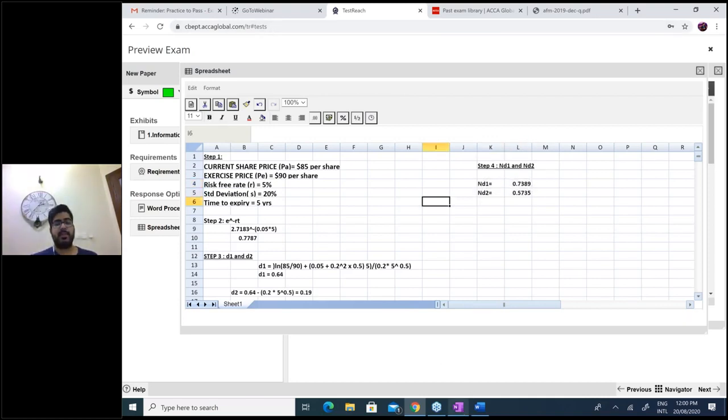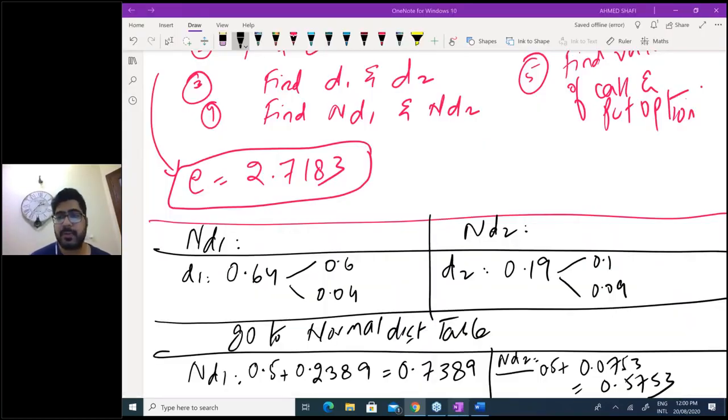Any questions with ND1 and ND2 or in the first 4 steps? Because the exercise price is given, 90 per share.